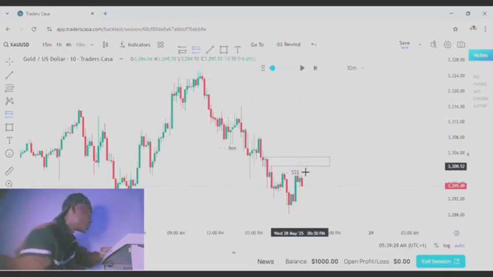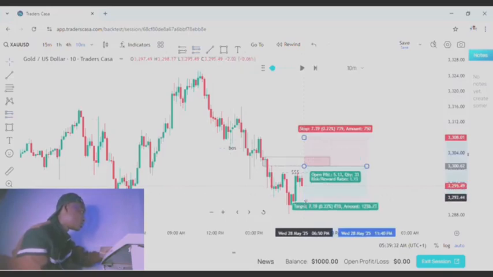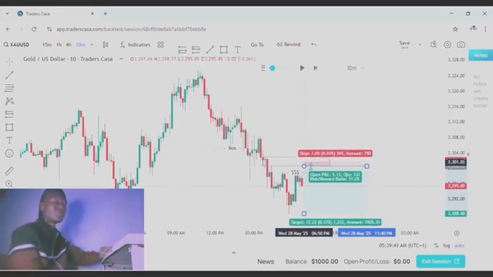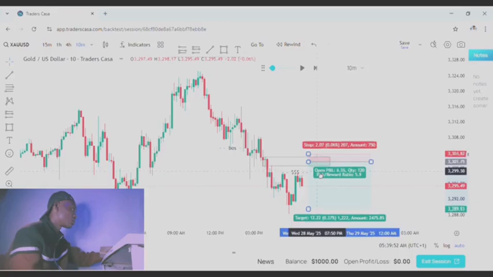So we are going to place our entry right now at this point. You can as well sometimes place your entry at the middle of the order block, if you get what I mean. This is the order block right now.